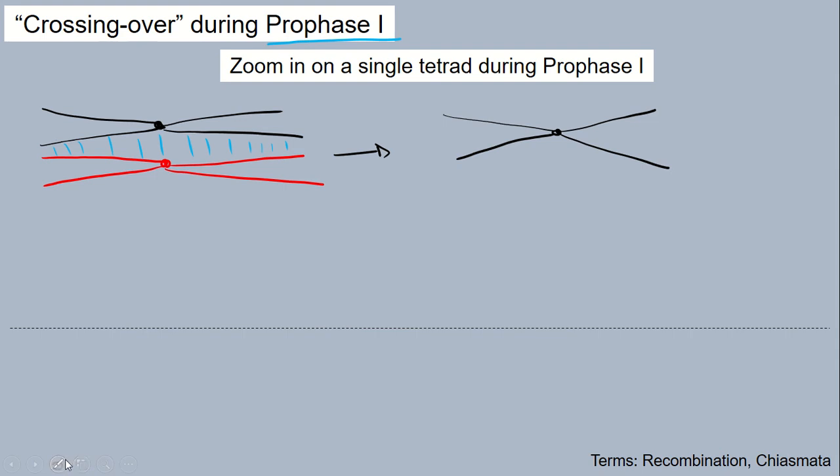So there's one of the homologs up there, and the other one is down here, and you can see that I've drawn that the non-sister chromatids cross over with each other. Keep in mind that these things are still attached. I'm just drawing them separately, but they're still attached via the synaptonemal complex here. But these points, right here and here, are crossover points.